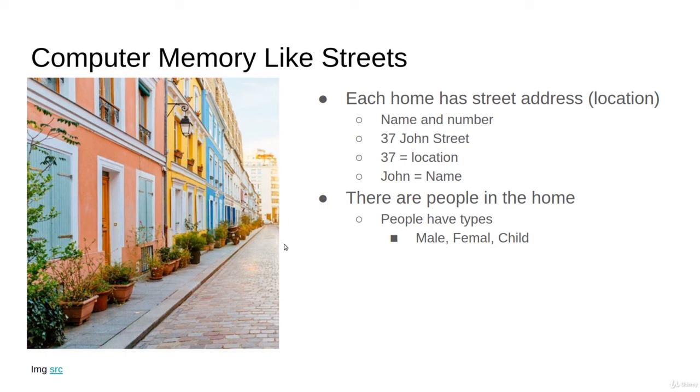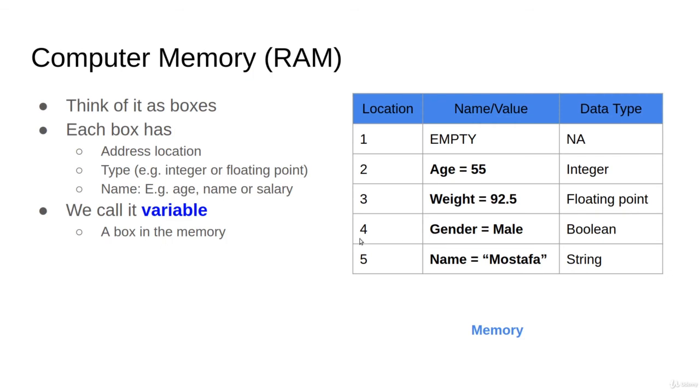To introduce that, think about the memory like streets. If I say I live at 37 John Street, we know that 37 is some position in a street that is named John. And there is information about the people here, like people have types like male, female, child, and so on. So the memory is something very close to that.